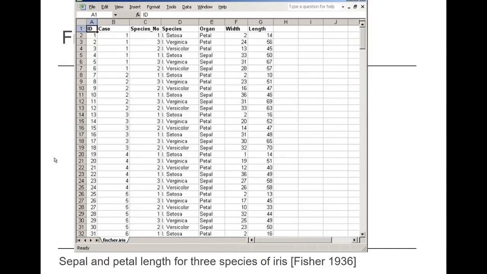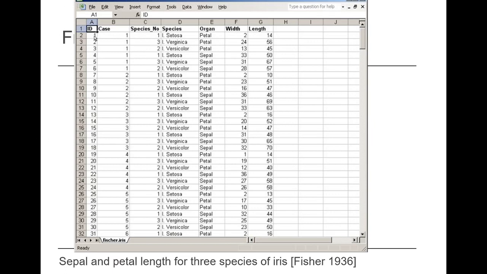So here's another table. This is the classic iris data set. And what's being shown here are a number of measurements taken by a guy named Fisher in 1936 of irises, that is to say flowers, species of irises in the Gaspé Peninsula in the 1930s.